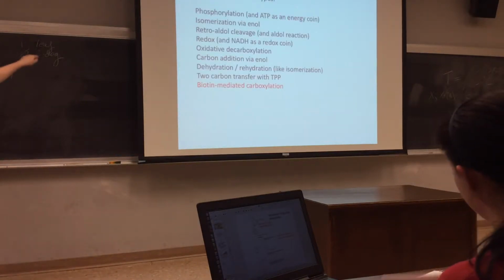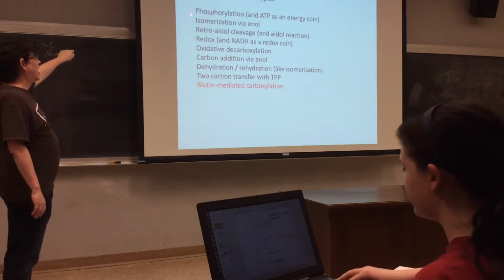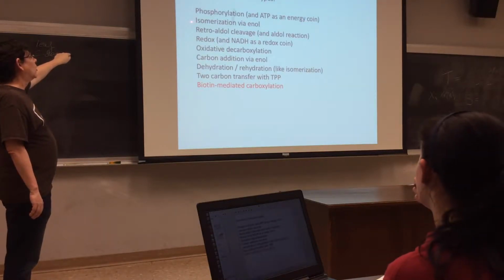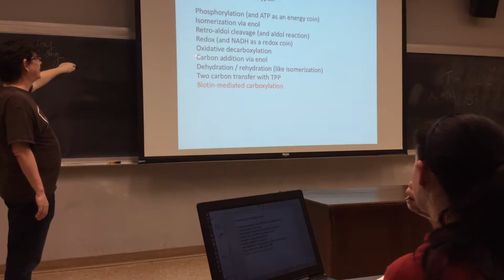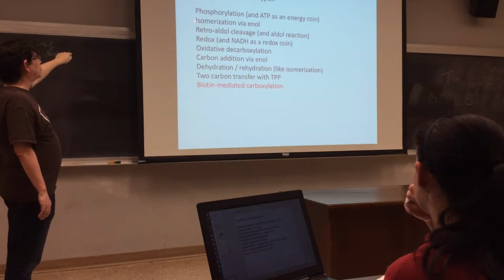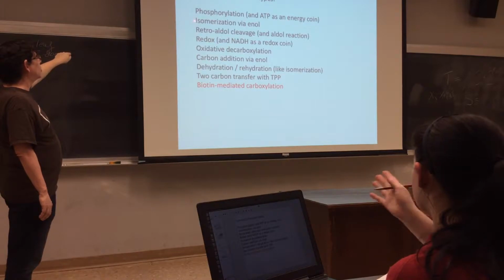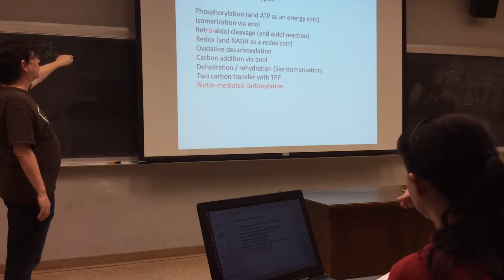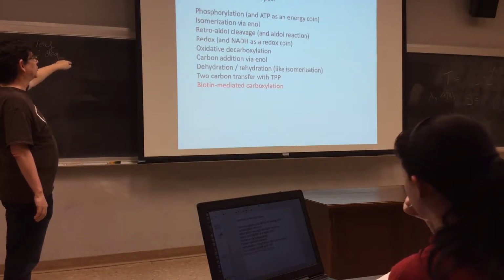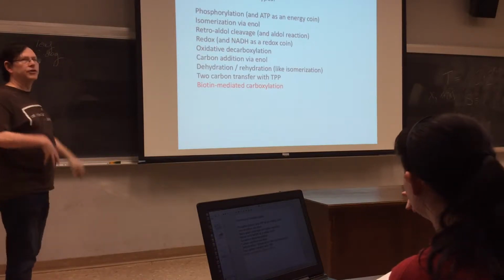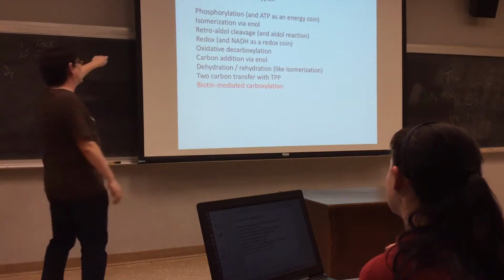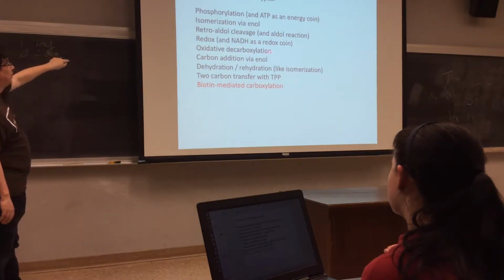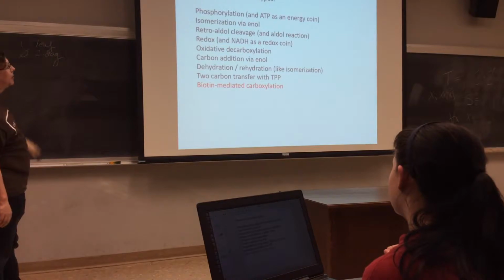Okay, so summary of reaction types. Phosphorylation, which we just saw again. Isomerization via enol, we saw the importance of that for carbon bond formation, which we talked about again here. Isomerization or epimerization also go via enol. Retroaldehyde cleavage, and its reverse, the aldol reaction, redox reaction. Oxidative decarboxylation, that special series of steps that proceeds through thiamine pyrophosphate and lipoic acid and ultimately ends up with electrons, hydrides, on FADH and then NADH.